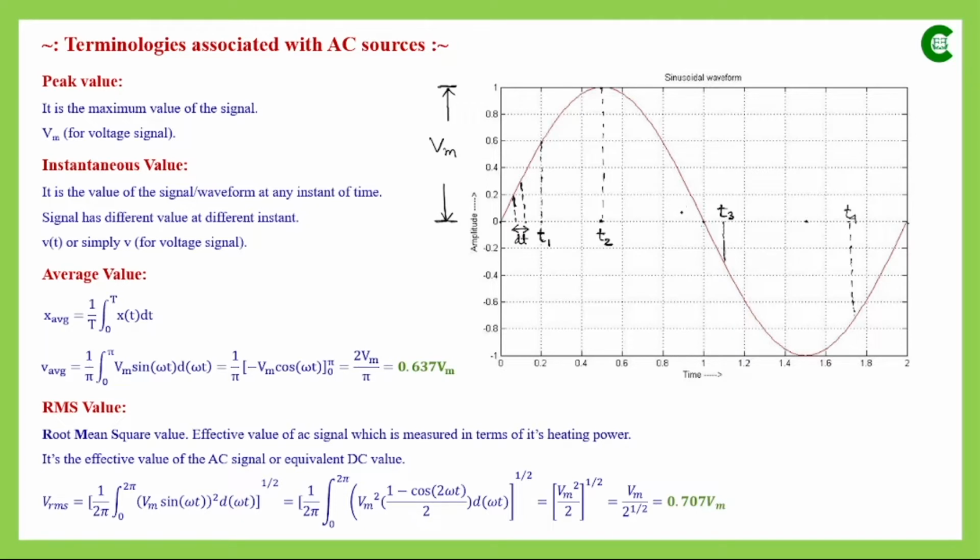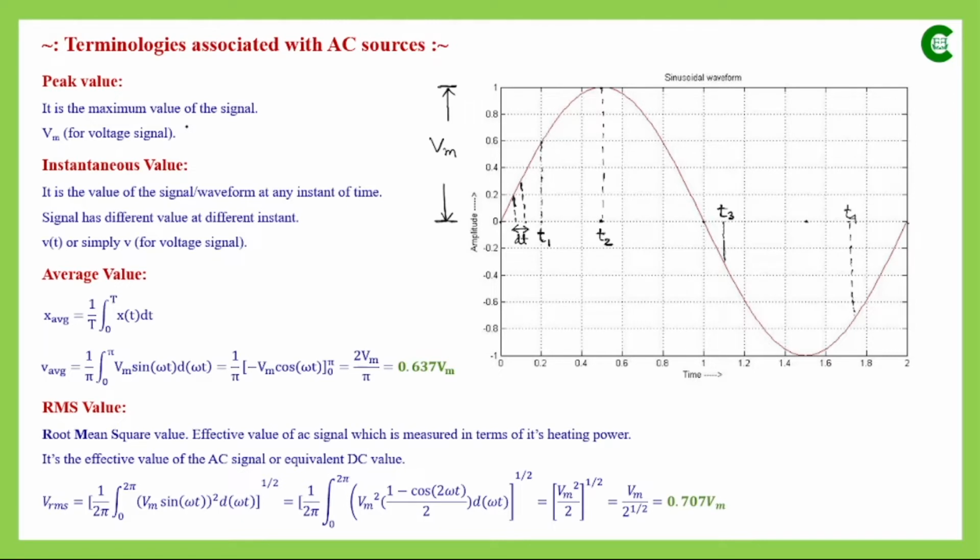In both the positive and negative half cycles, the peak value will be the same. The difference is that in the positive half cycle the peak value will be positive, and in the negative half cycle the peak value will be negative. The peak value is represented by a capital letter with the suffix m, where m represents maximum value. Since it was assumed as a voltage signal, it is Vm.